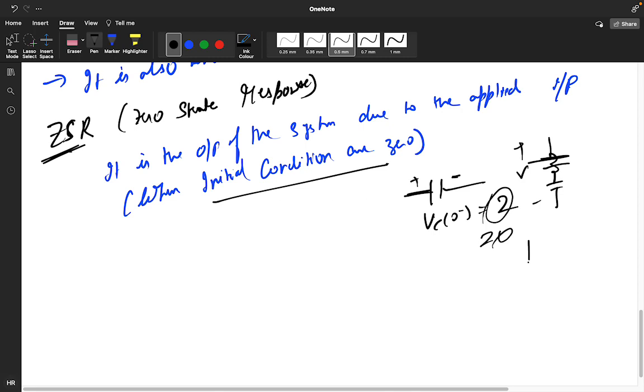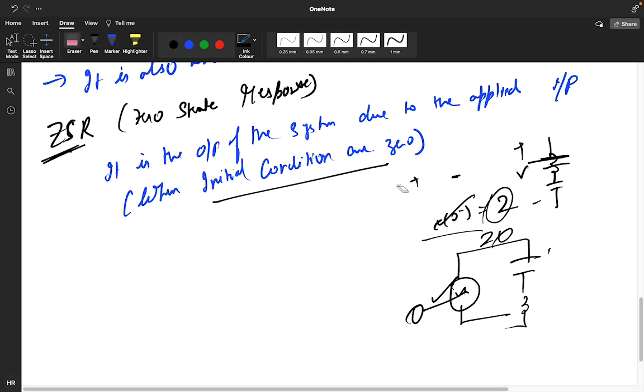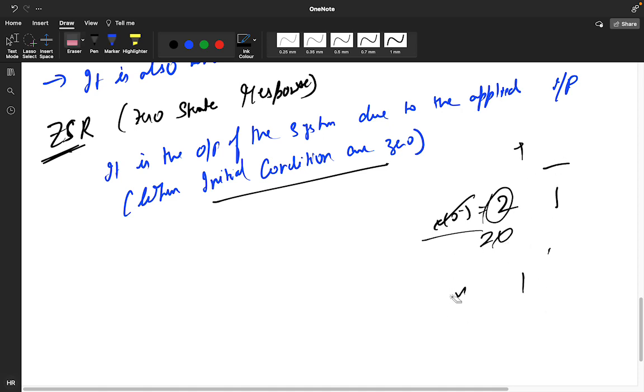We simply take one capacitor, one inductor, with these values, and solve the circuit. We will not consider these initial conditions, but we will consider the input we are applying. But for zero input response, we make the input 0 and consider the initial conditions. So this is the meaning of ZSR and ZIR.